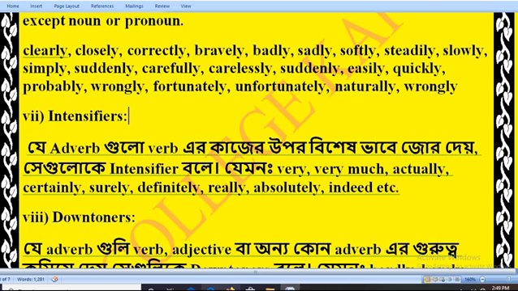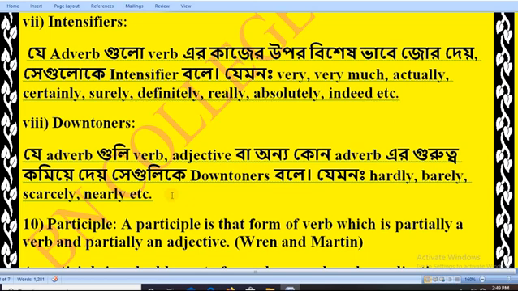Downtoners. This is a new word for you. Downtoners means যে অ্যাডভার্বগুলি ভার্ব এবং অ্যাডজেক্টিভ বা অন্য কোনো অ্যাডভার্বের গুরুত্ব কমিয়ে দেয়। আমরা এরকম কিছু ইংরেজি শব্দ দেখি যেগুলো নেগেটিভ ওয়ার্ড হিসেবে ব্যবহৃত হয়। তোমরা 9-10 লেভেলে এই শব্দগুলি পেয়েছো। You have got these types of words in class 9 and 10 when you did tag questions, right?